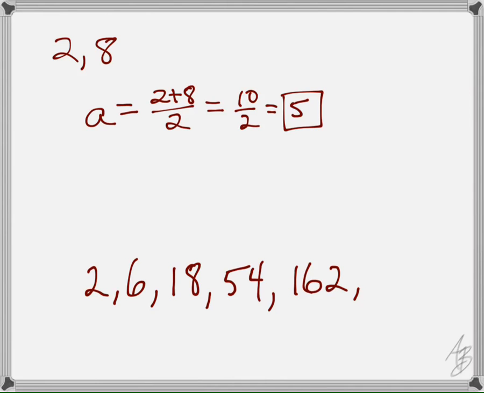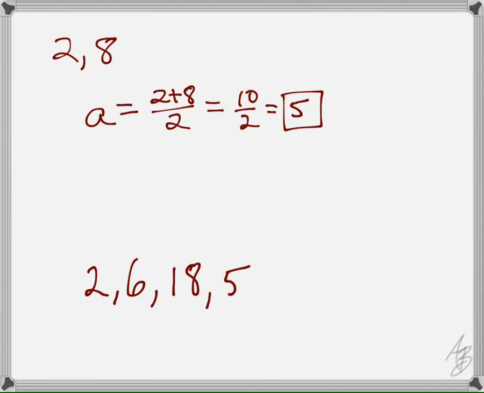Multiplying by what? Yeah, we're multiplying by 3. I'm sorry, I couldn't hear what you were saying. So in a geometric sequence, we multiply by the same thing over and over again. So arithmetic sequence, we add the same thing or subtract. In a geometric, we multiply, or we could actually do what? Divide. So we either multiply or divide by the same thing over and over again in a geometric sequence.